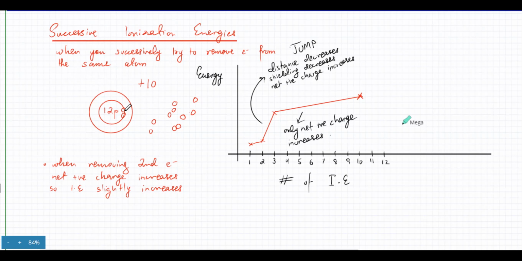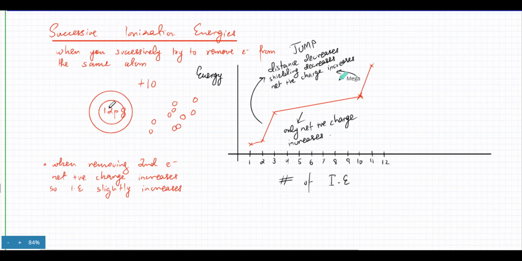Now, as soon as you start moving to the last two electrons, again, there's going to be a drastic jump. So removing the 11th electron, all of a sudden it becomes kind of difficult. Why? The same factor. When you're trying to remove the 11th electron, all of a sudden you've changed shells. You're now much closer to the nucleus, so it's much harder to remove electrons.